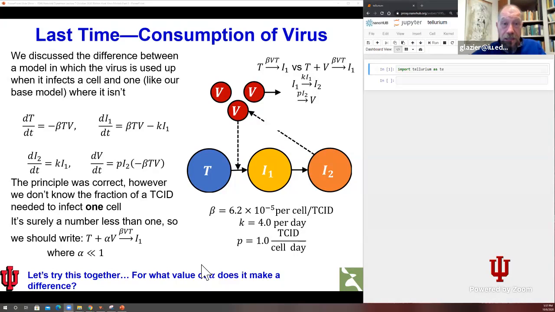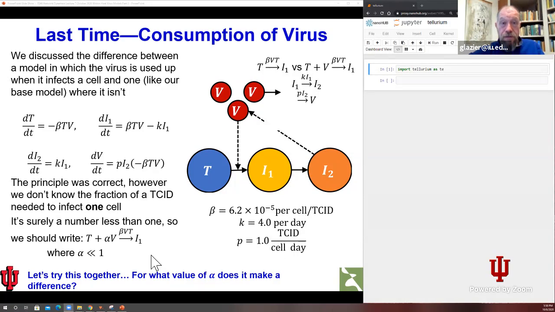One annoyance you will find when you use tellurium and antimony is that you can easily write T plus 0.01 V goes to I1. Antimony will let you write any what's called stoichiometry you want. But this parameter alpha cannot be a variable in antimony. And so what you can't do, which is what you'd want to do, is write a sweep where you change the value of alpha in a loop outside of antimony and run it and see how it's different. As far as I can tell, it doesn't let you change that parameter directly.